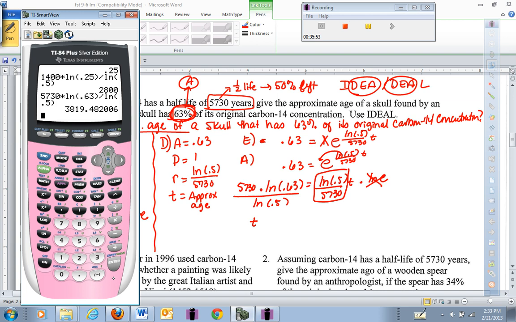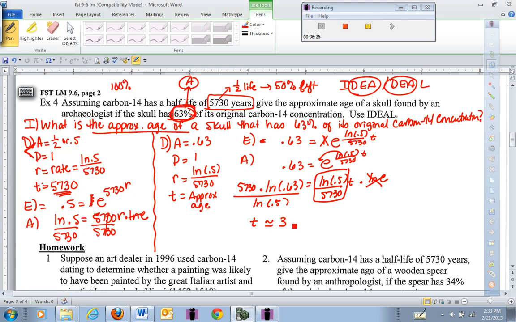So, 3,819.48. Now I don't know how specific you want to get when you're trying to figure out how old the skull is. It's in the thousands of years, so we could say about 3,819 years. Would that be okay with everybody? I think so.